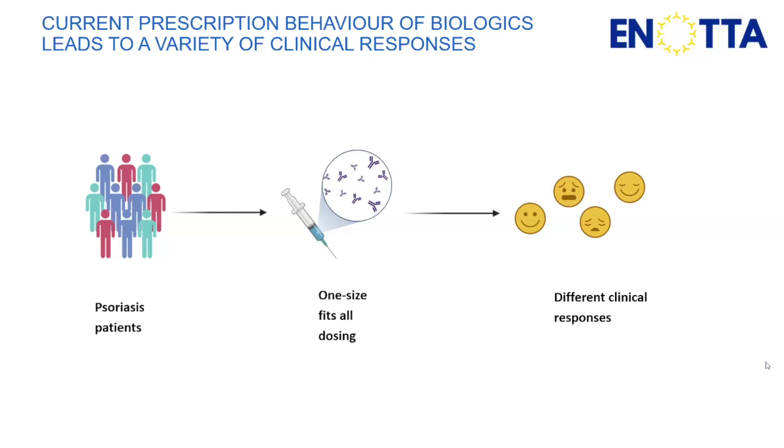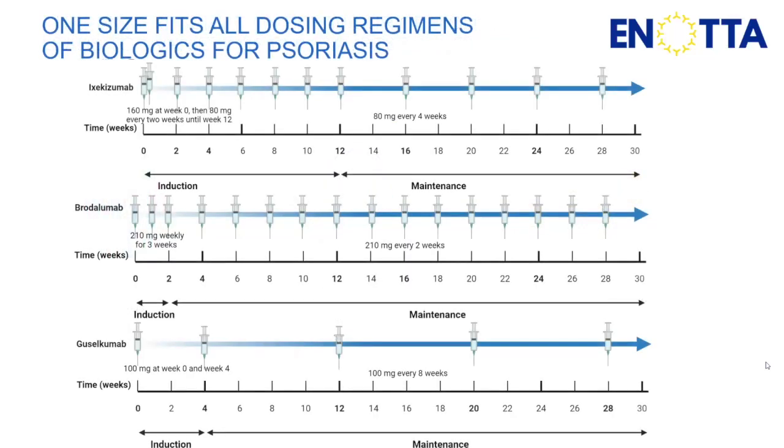Here we can see maybe they are underexposed, or maybe we are not targeting the right predominant cytokine of their own psoriasis mechanism. Here is an illustration of 2 interleukin 17 blockers, ixekizumab and brodalumab, and an interleukin 23 blocker, guselkumab, and the dosing regimen, biologic specific and standardized.